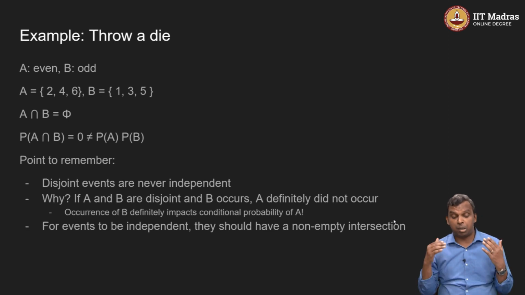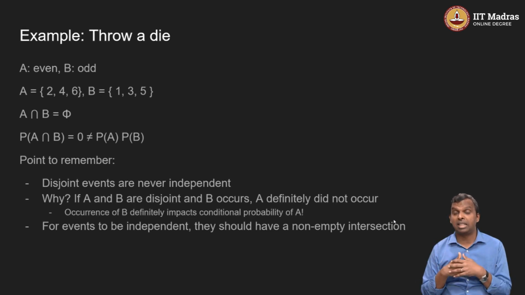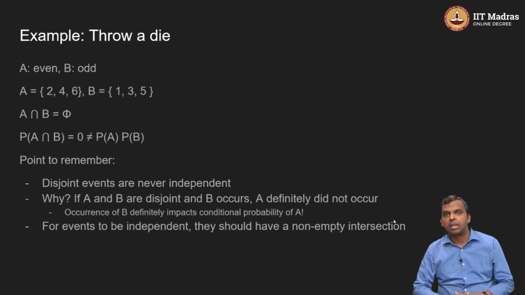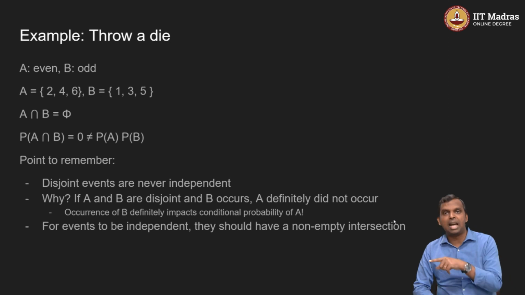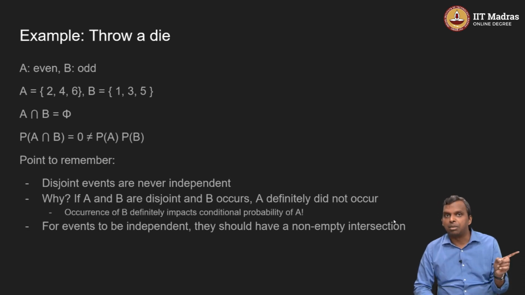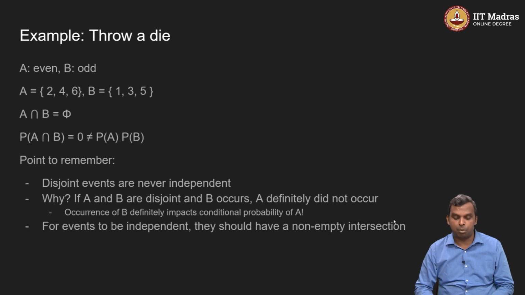So here's a point to remember, don't forget this. If two events are disjoint, then actually they are not independent at all. Why is that? Because if they are disjoint, and if I tell you B happened, then A did not happen. You know that for sure. So the occurrence of B definitely affects the conditional probability of A. So that's important to know.